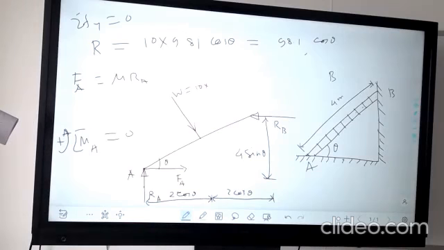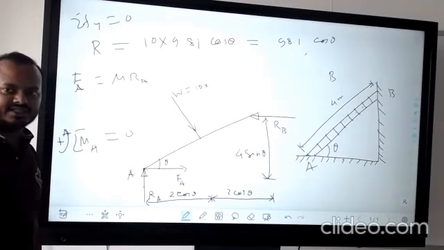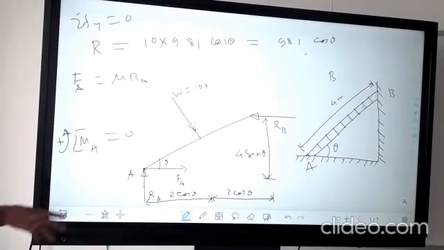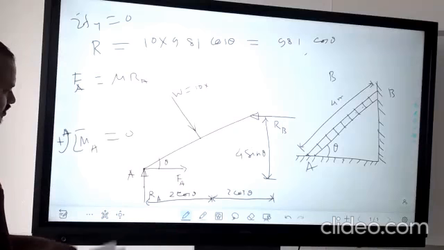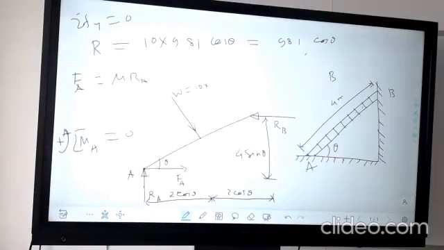Clear? Not clear yet? So moment is always force into vertical distance. Then find out theta. So from this you can find out theta. Is it clear? Not clear, Kausar? Any doubt? You can ask any doubt.